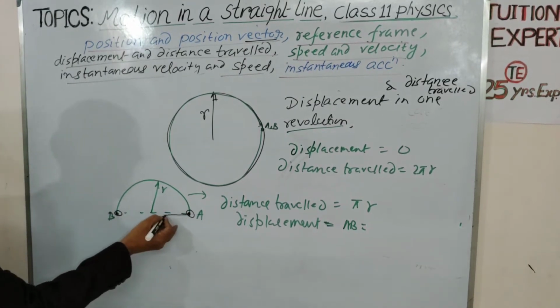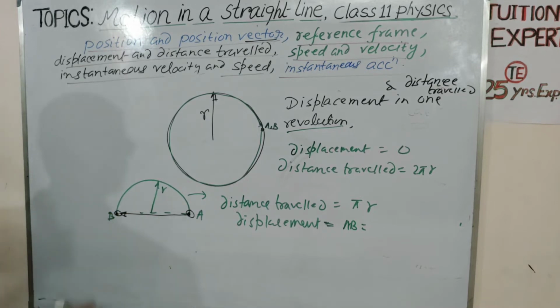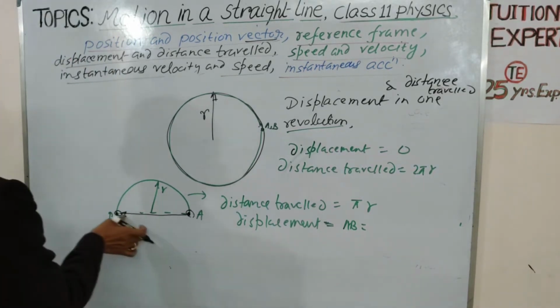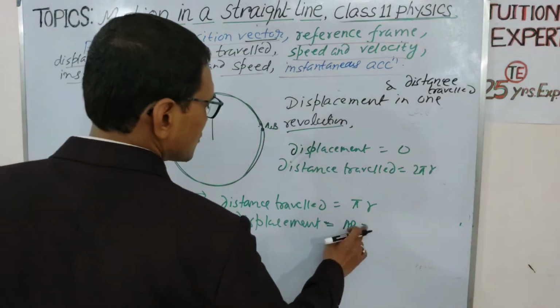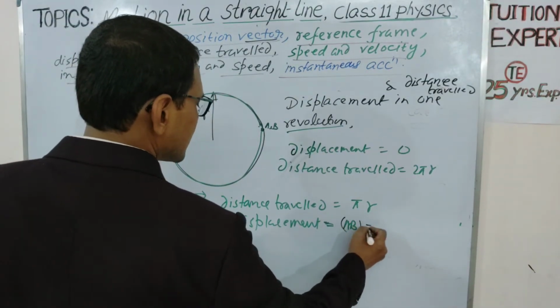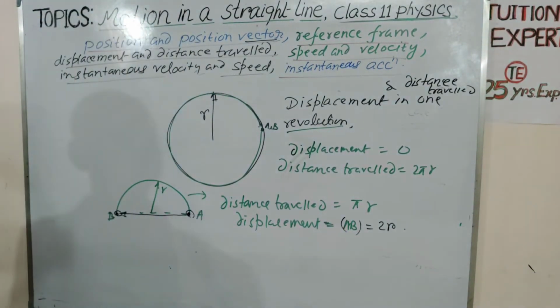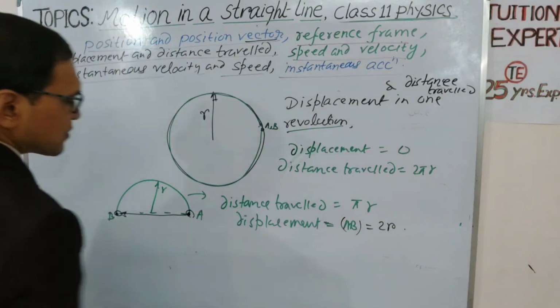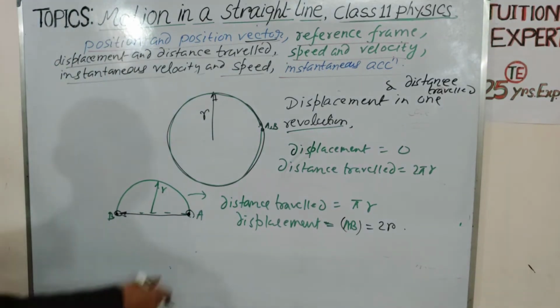So what is the shortest distance? This is AB, which has a direction. Displacement equals AB, so that is 2r. Here we take the magnitude of the displacement vector, so this is 2r.